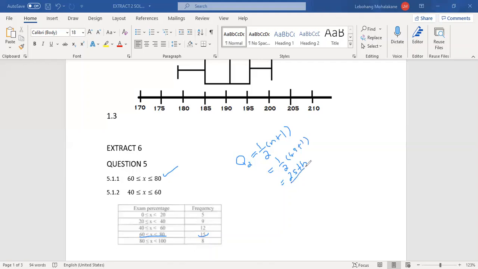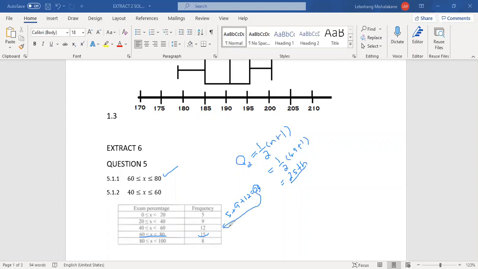So I'm going to count to the 25th position. If I have 5, it's going to be 5 plus 9, which gives me 14, plus 12, which gives me 26. So at 26, it's at 12.